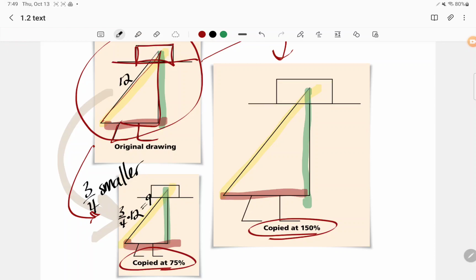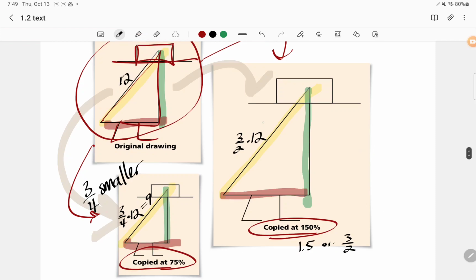And now if you go from here to the larger one at 150%, if this was 12, 150% is 1.5 or 3/2, either one of those. You would take 12 times 1.5 or 12 times 3/2, which gives you 18.